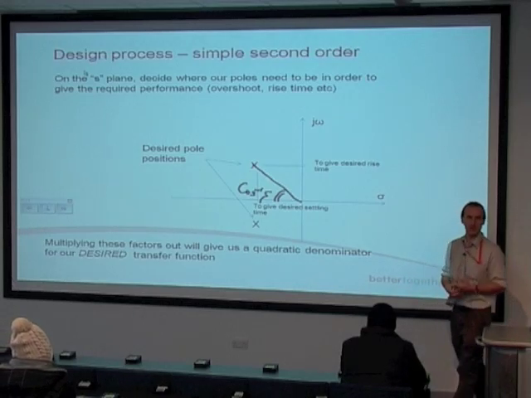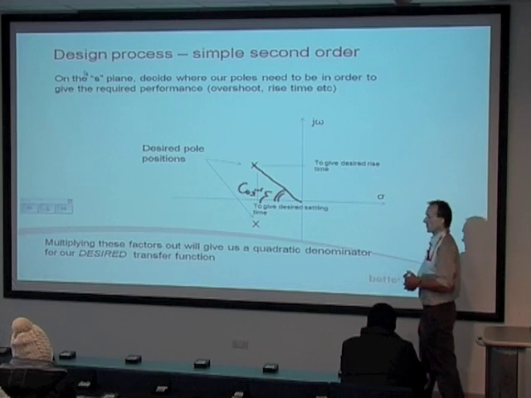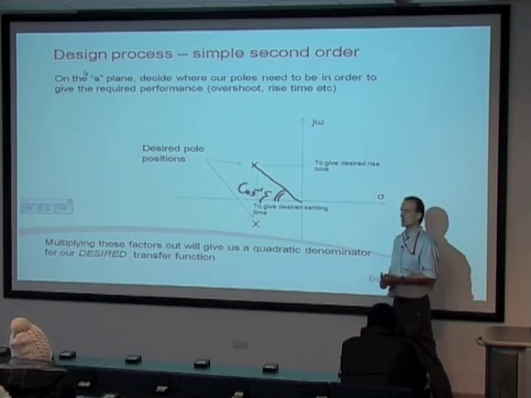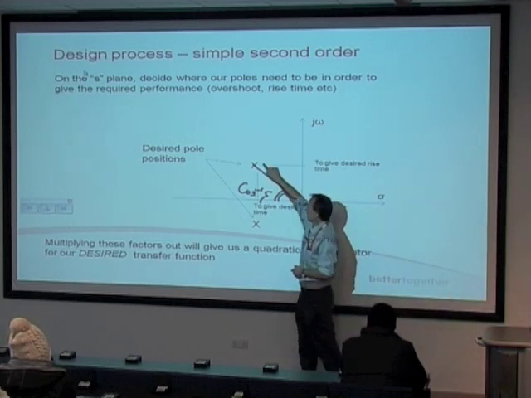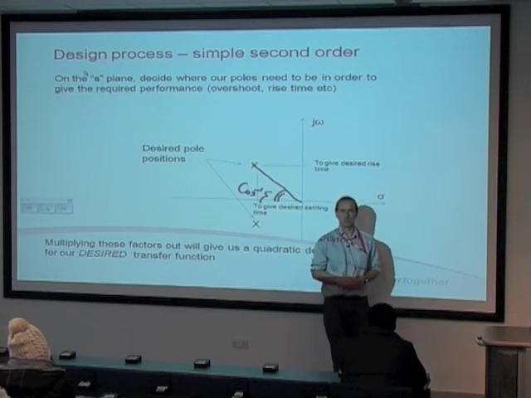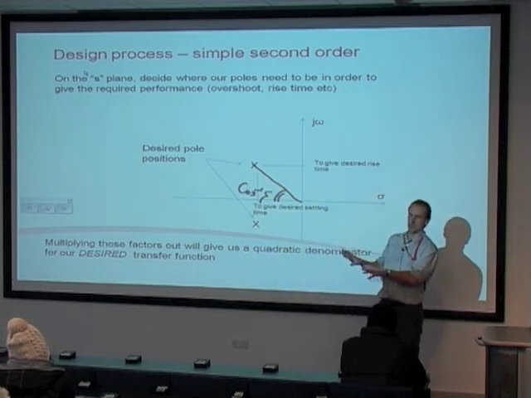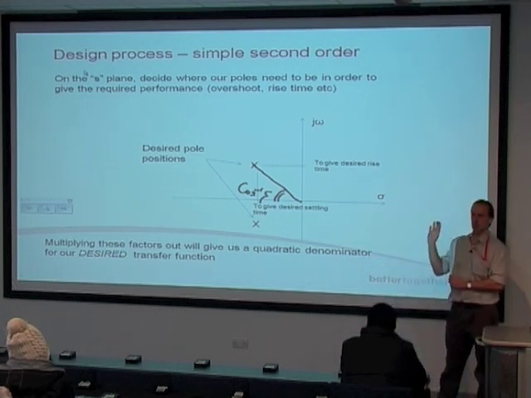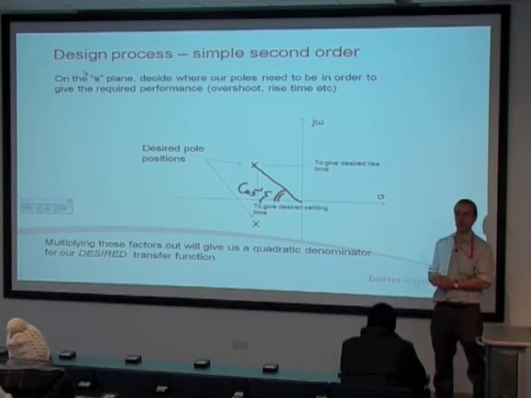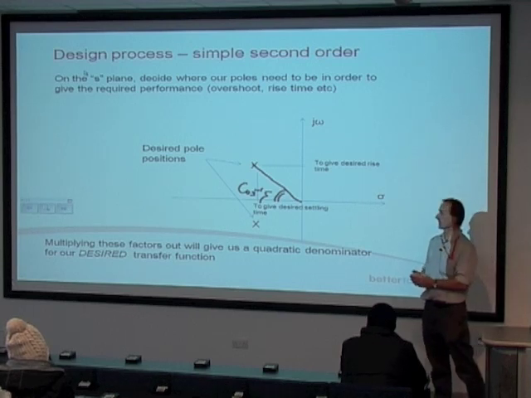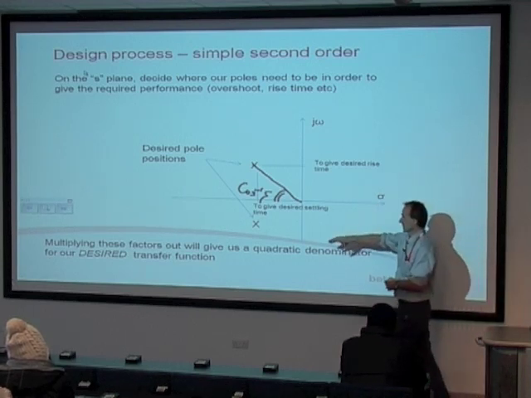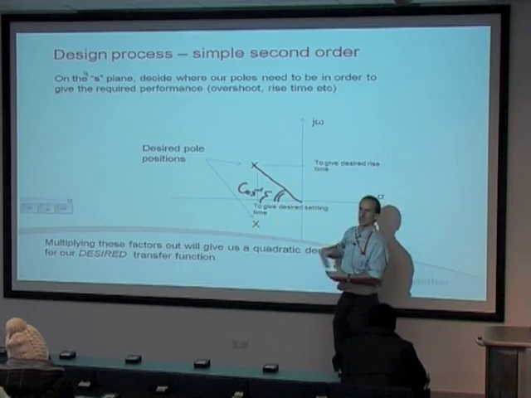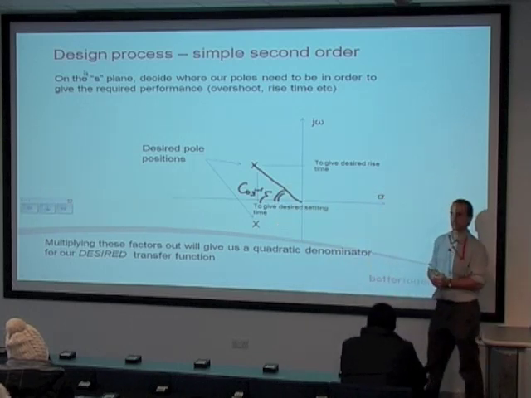Okay, so again, a technique that you'll come across in the assignment where we do end up with a third order equation is dominant second order design, where you design it as if it was second order and you put another pole into the system that's far enough away not to cause any problems. Okay, so we can use this technique, this relatively simple design process, for higher order systems.